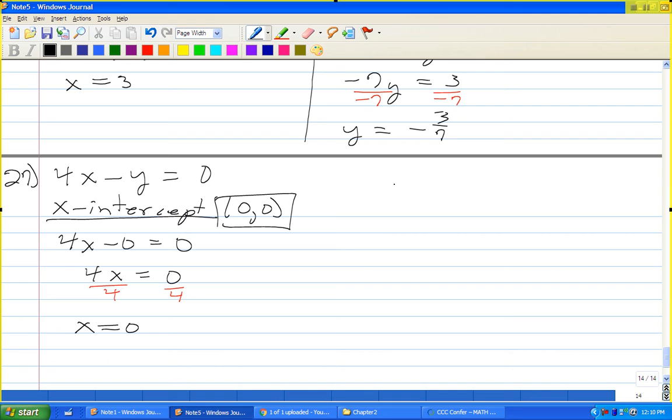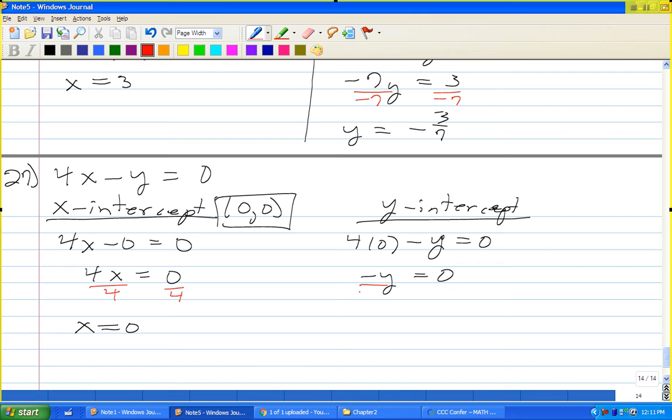Let's find the y-intercept. So I set x equal to 0, solve for y. 4 times 0 is 0 minus y is negative y equals 0.